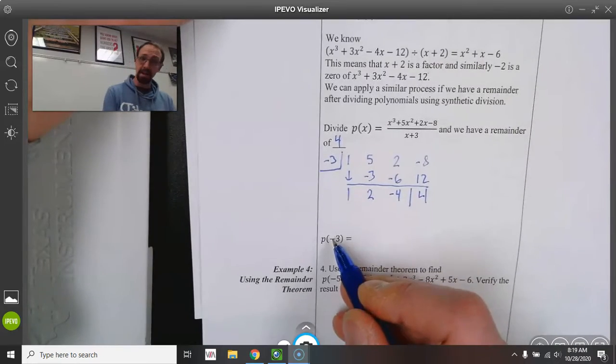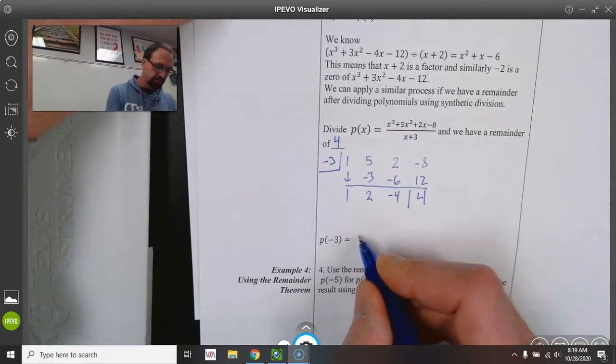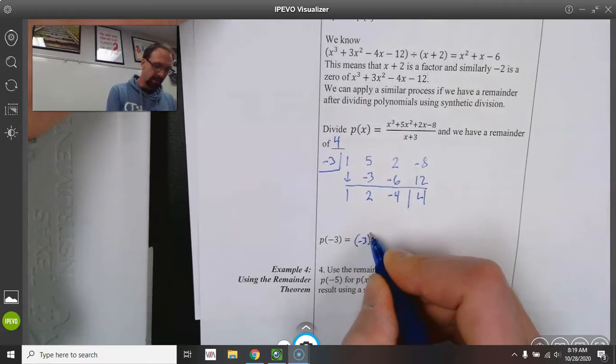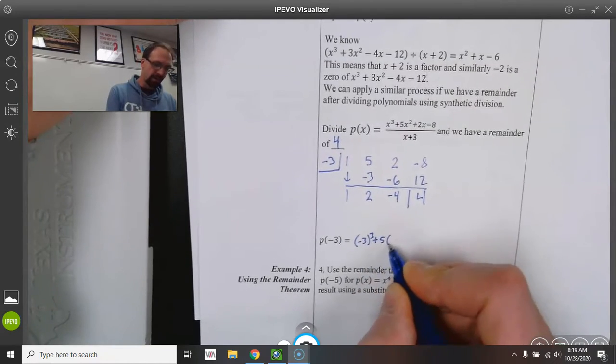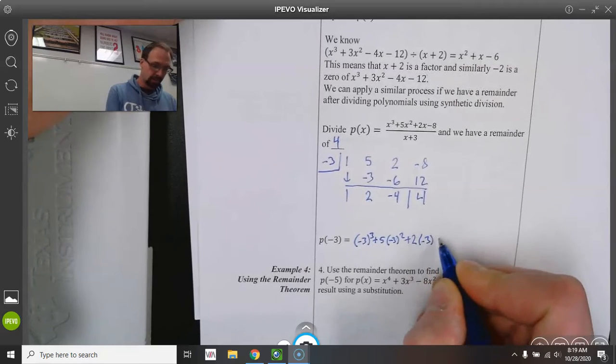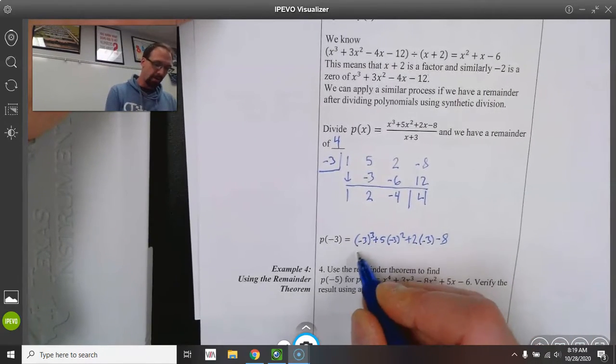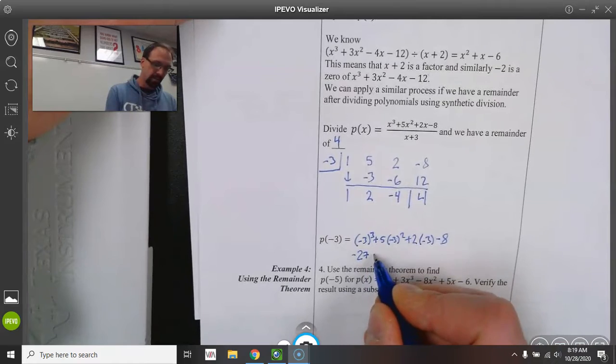If I plug in negative 3 into, again, just my numerator, then I have negative 3 quantity cubed plus 5 times negative 3 squared plus 2 times negative 3, and then minus 8. Negative 3 to the third power, cubed, is negative 27.